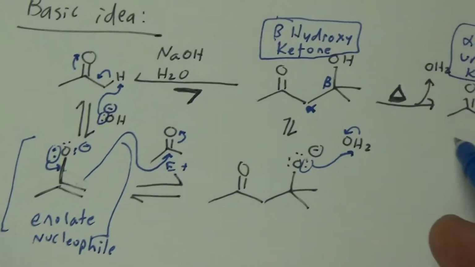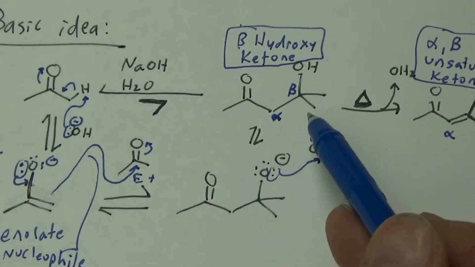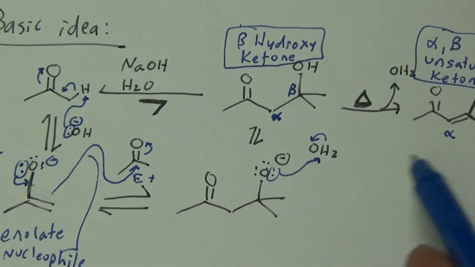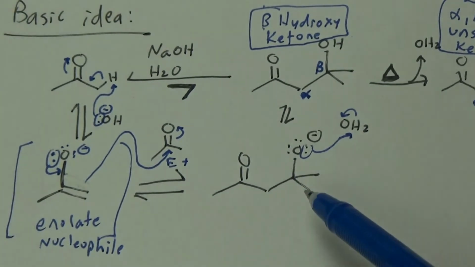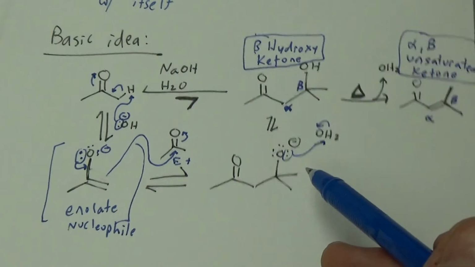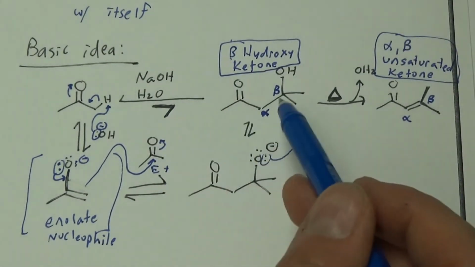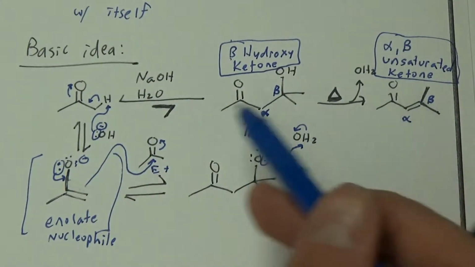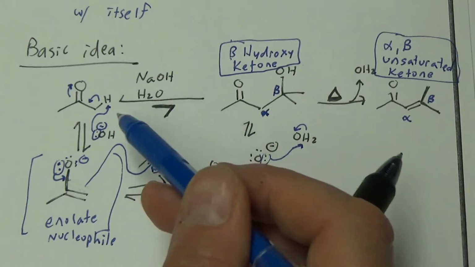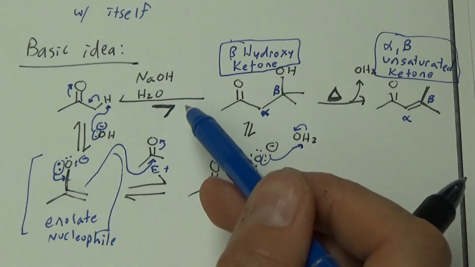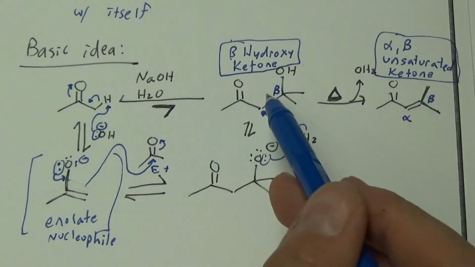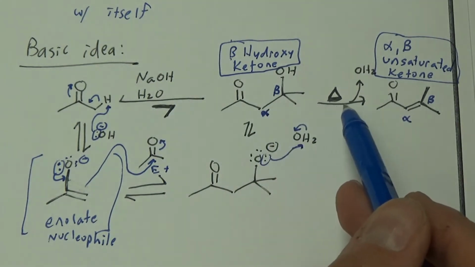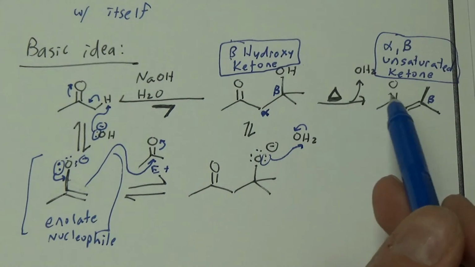I want to show you the second step of this. I'm going to do it underneath because we're a little out of space over here. But let's go back to the topic of why does this even work at all if we have a disfavored initial step? The reason is because once this forms, it has an irreversible step to make the final product.